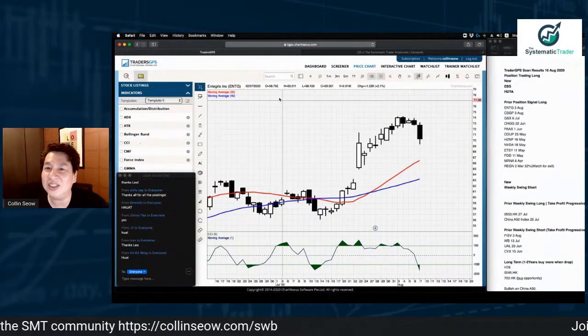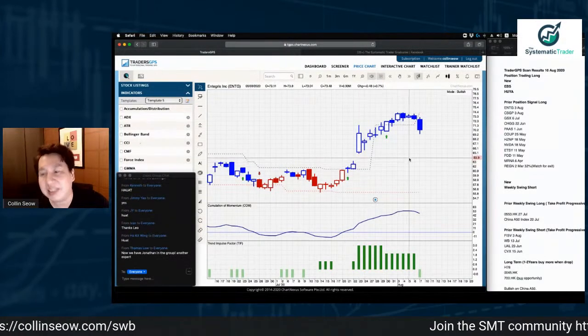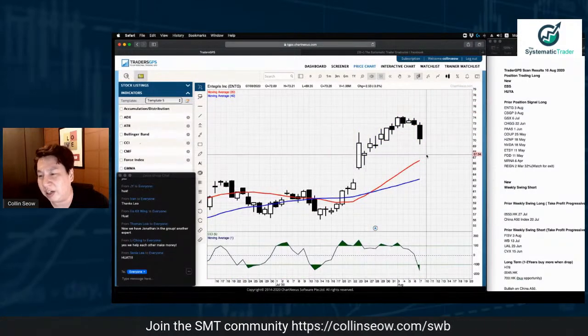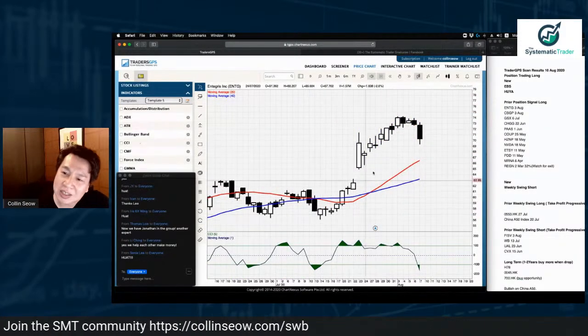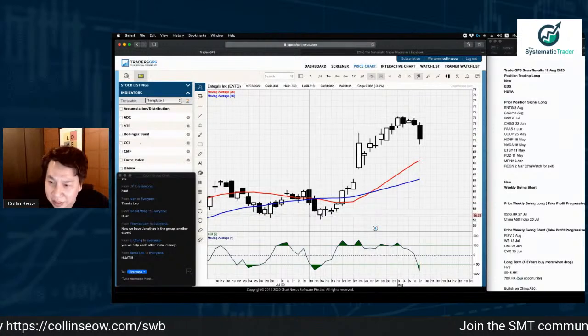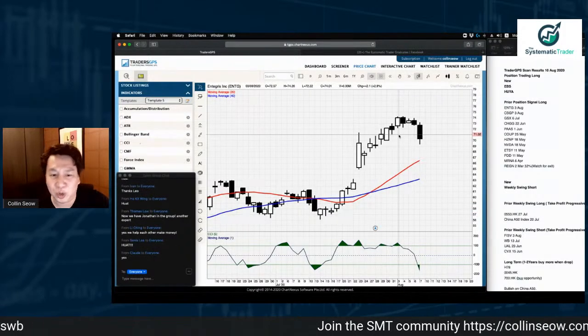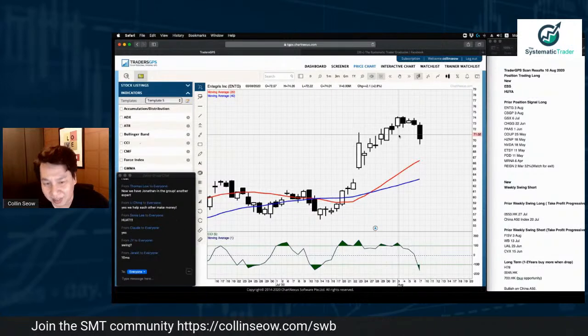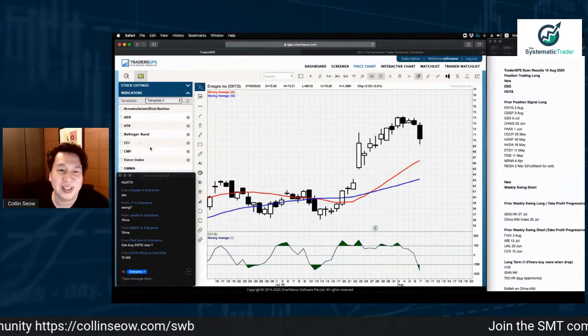Next is, if you're holding ENTG, basically nothing much you need to do. You know that the market is overbought. Right now it's pulling back. By the way, this is a very strong uptrend. Yes or no? So what can you do? You can use the what? 10 MA. Wow, you're very pro already. I love it, man.